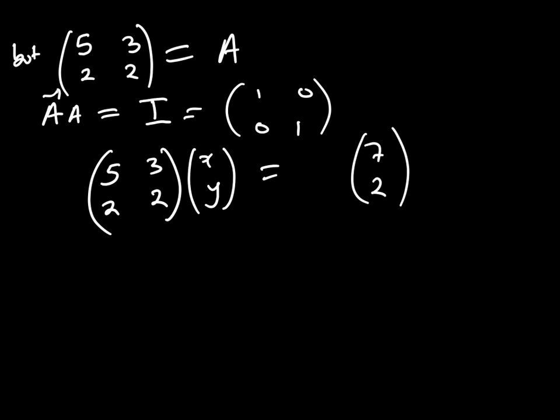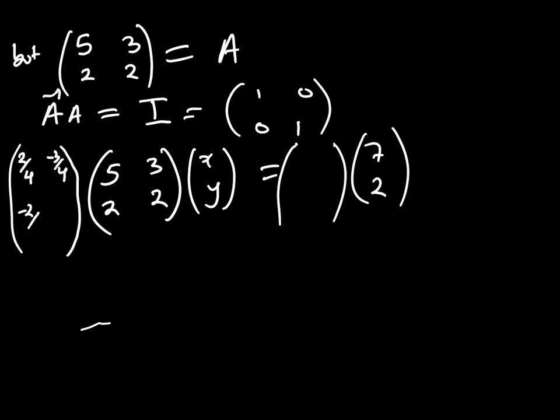What I need to do is something very simple. Let me put here the inverse of this matrix. What I do on this side, I also have to do on the other side. So what is the inverse we computed? This was 2 over 4, minus 3 over 4, minus 2 over 4, and this is 5 over 4.